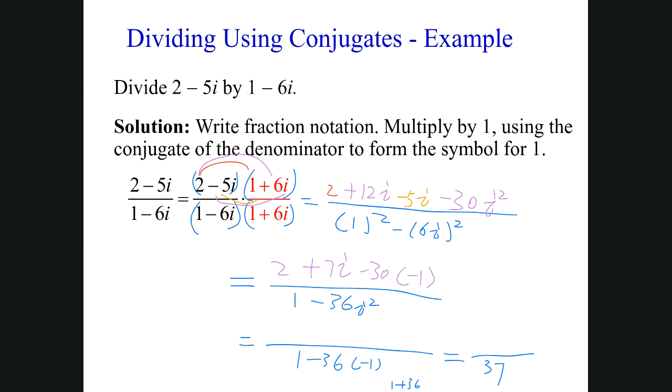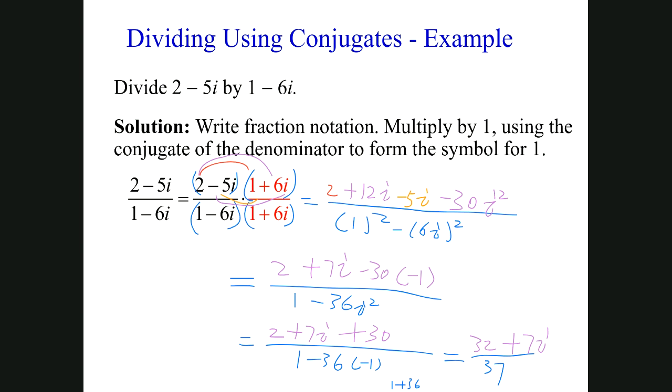So what do we get? We got 2 plus 7i, and negative becomes positive, so that's positive 30. So 2 plus 30 is 32, and we get 32 plus 7i. That's the answer in here.